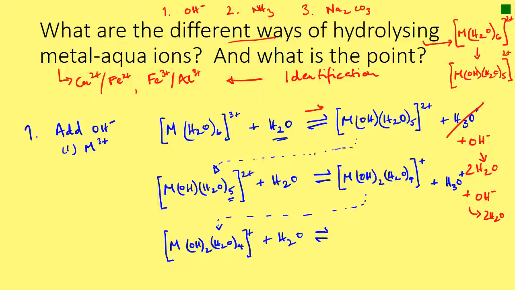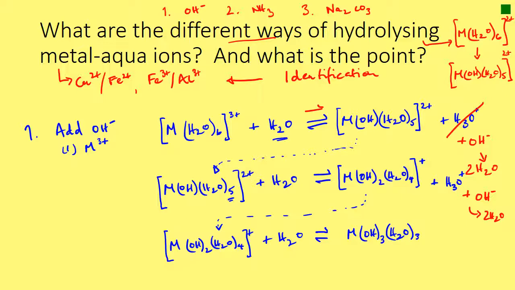In the same way as before, because we've sucked out that product, we've moved that equilibrium to the right, and in this case we've got 3 hydroxides and 3 waters, because the metal ion can only fit 6 of these ligands around it.